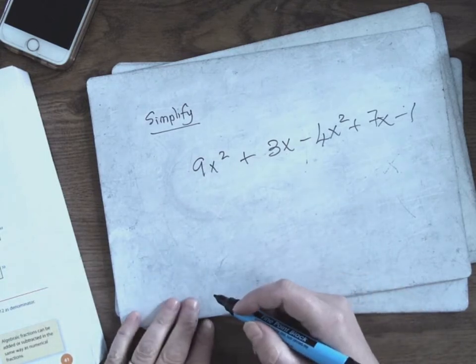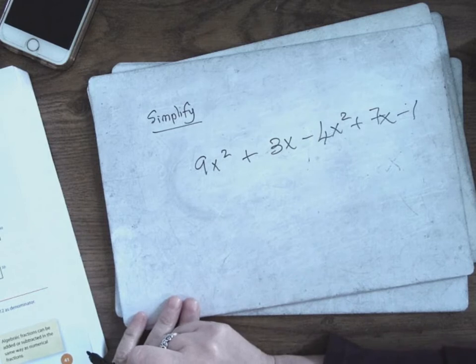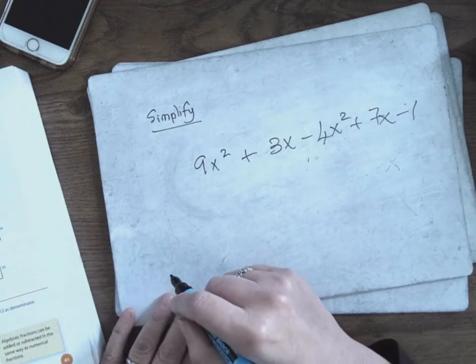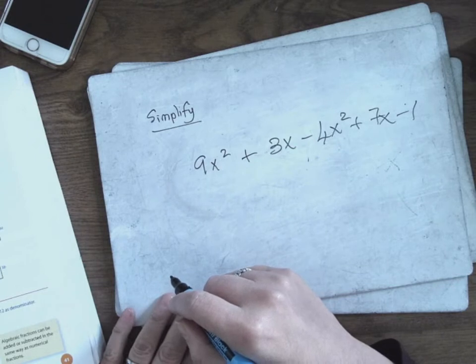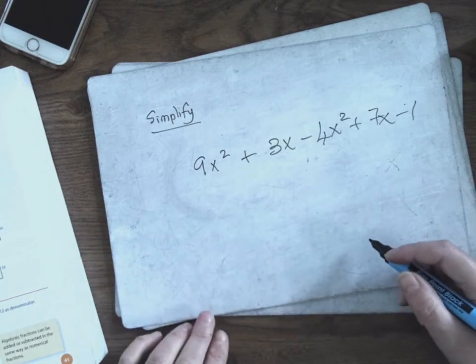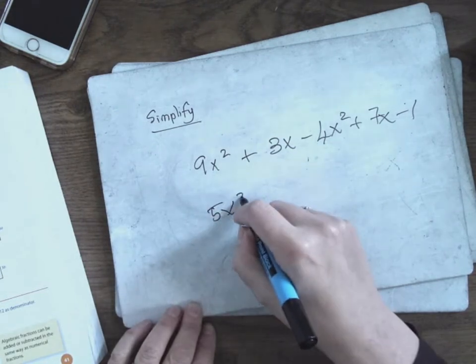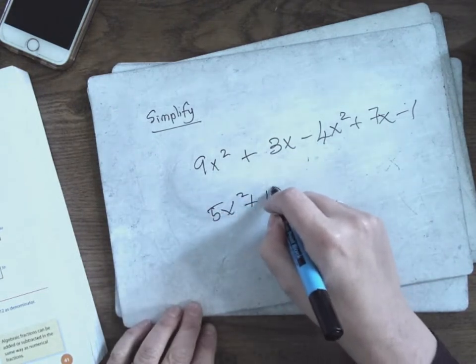Wait, I'm almost done. No, I'm not. I got 5x squared plus 10x minus 4 plus 10x minus 1.